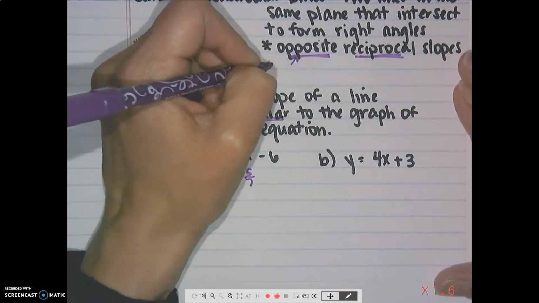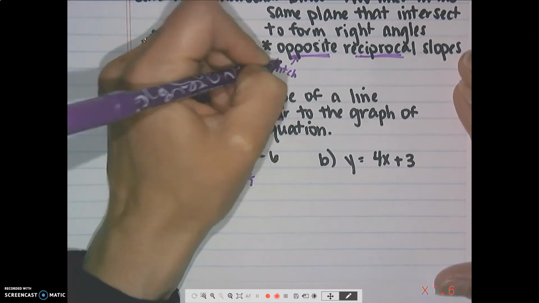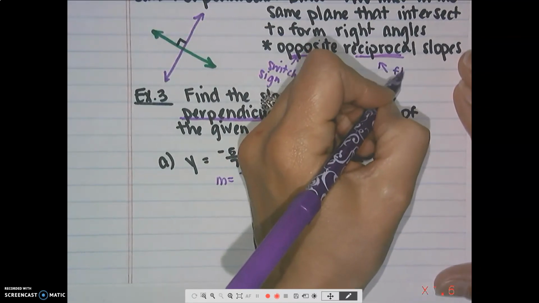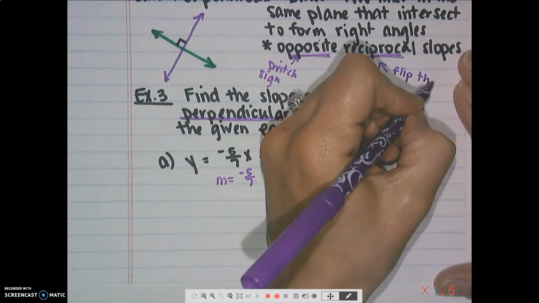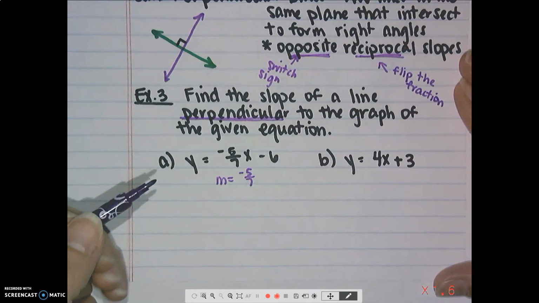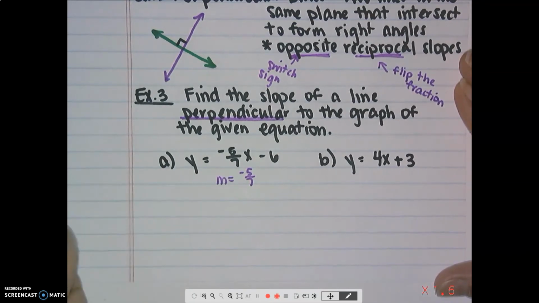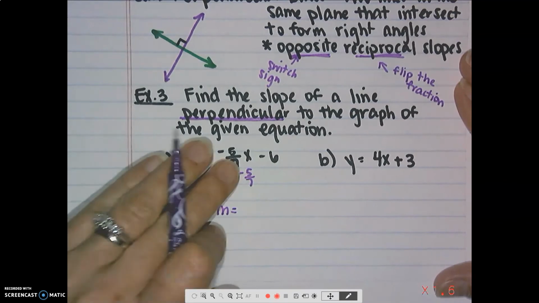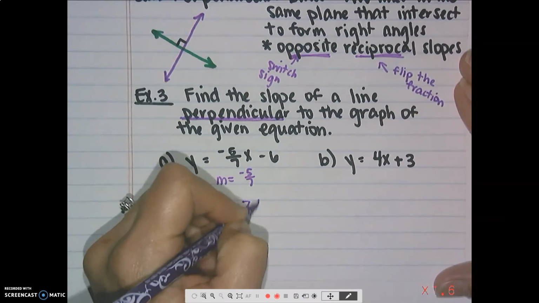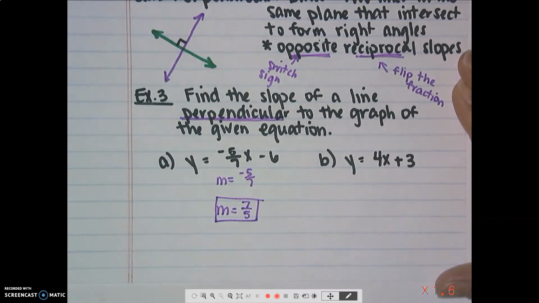So opposite means switch the sign, and reciprocal means flip the fraction. So if we do both of those things, it's negative, so now it means our new slope is going to be positive. And if we flip the fraction, so we're flipping the 5/7, we would get 7/5. So positive 7/5 is our perpendicular slope to that equation.